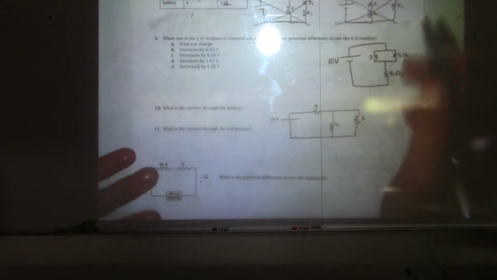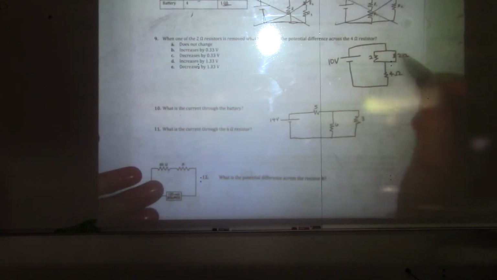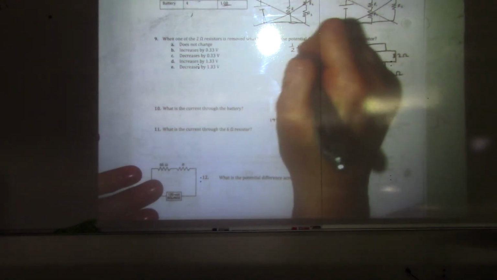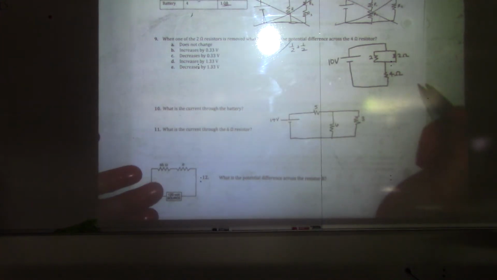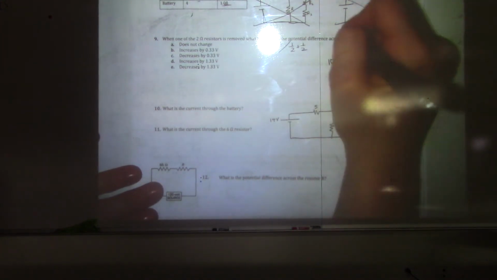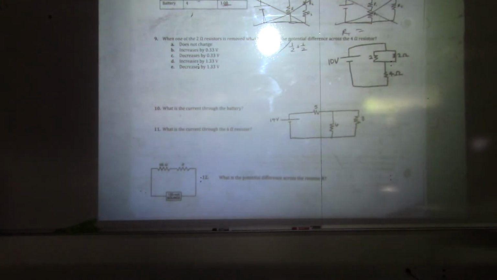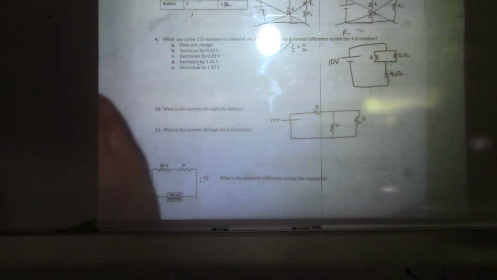So if I wanna know what happens to it, first I need to know the voltages before, so I'm gonna get my R total, so 1 over 2, 1 over 2, because these two are in parallel, don't forget 1 over that. So that becomes 0.5. And then add that, so, did I do that right? I think that becomes 1. Yeah, it becomes 1.